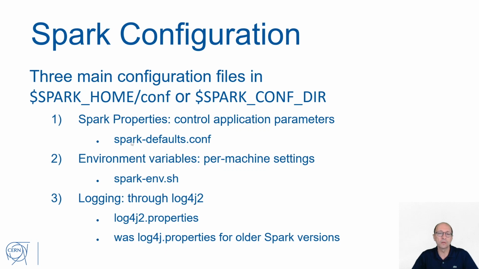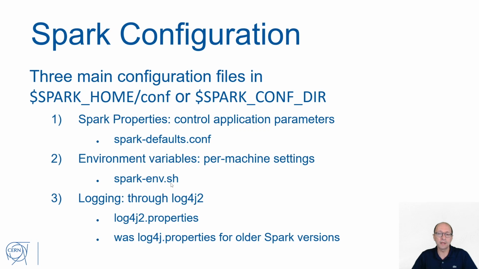The first one is called spark-defaults.conf, and it contains the application parameters, so all the Spark properties. We've seen some in the command line before, so we can store these properties, for example, number of executors, the amount of memory per executor, and other configurations can be stored there.